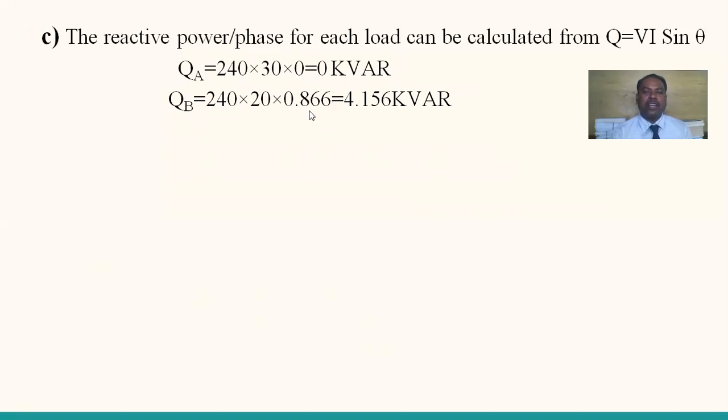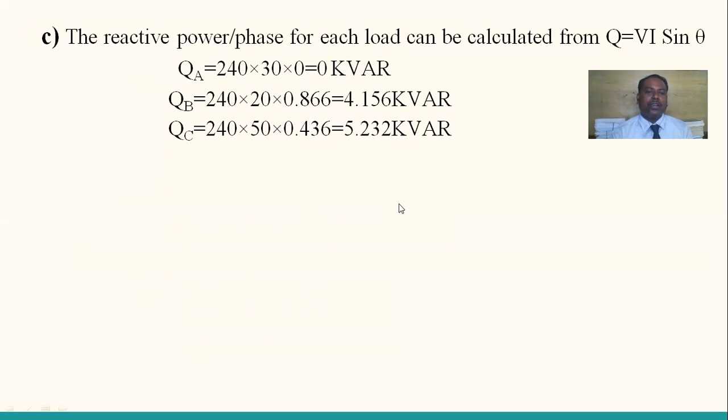So 0.5 can be converted into sin value, it becomes 0.866, which is 4.156 kVAR, the reactive power at load point B. And similarly, QC is equal to 240 into 50 is the current, and power factor 0.9 is to be converted into sin value. It's 0.436, which is equal to 5.234 kVAR.